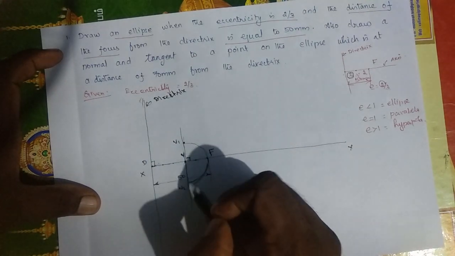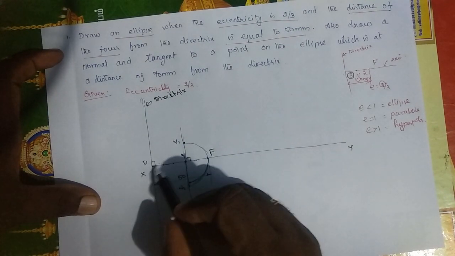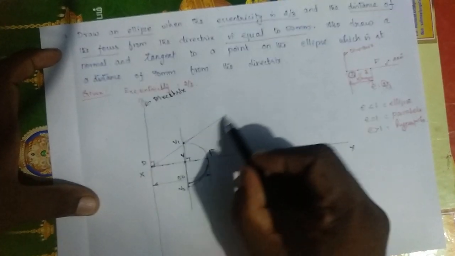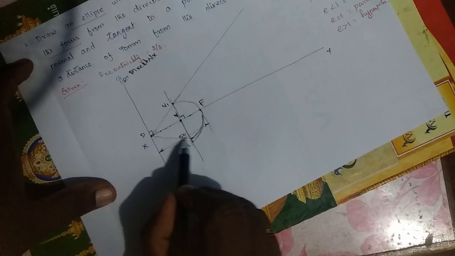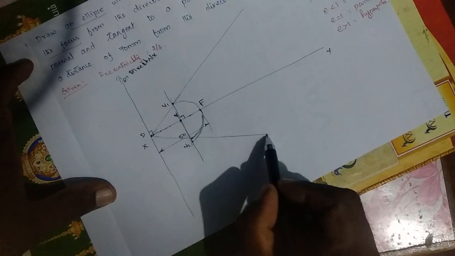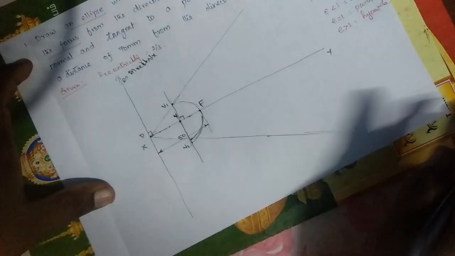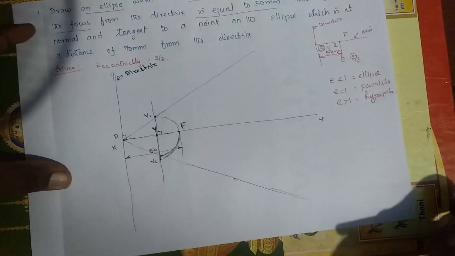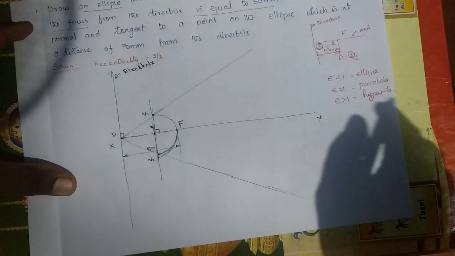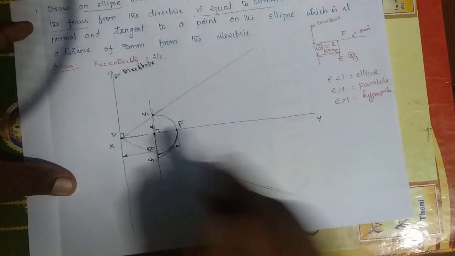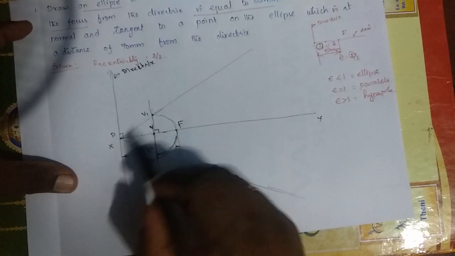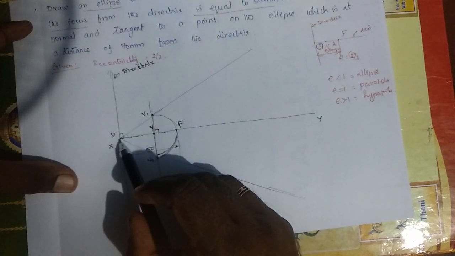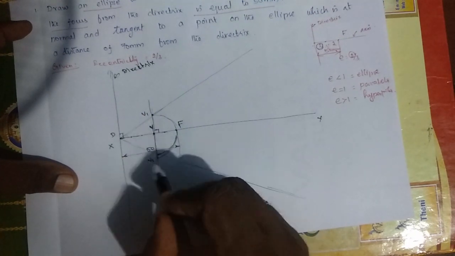Through this point V1 and V2, from the directrix I simply draw an inclined line. Okay. So I hope you understood what I am saying. After finding V1 and V2, I just draw an inclined line from point D through V1 and V2.